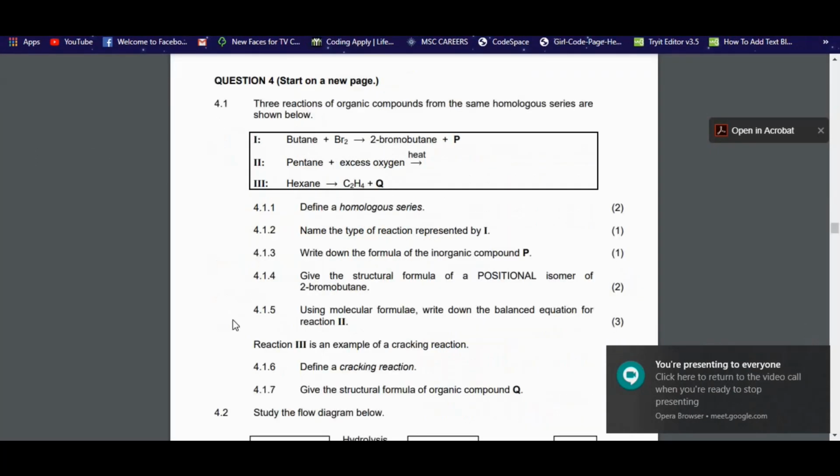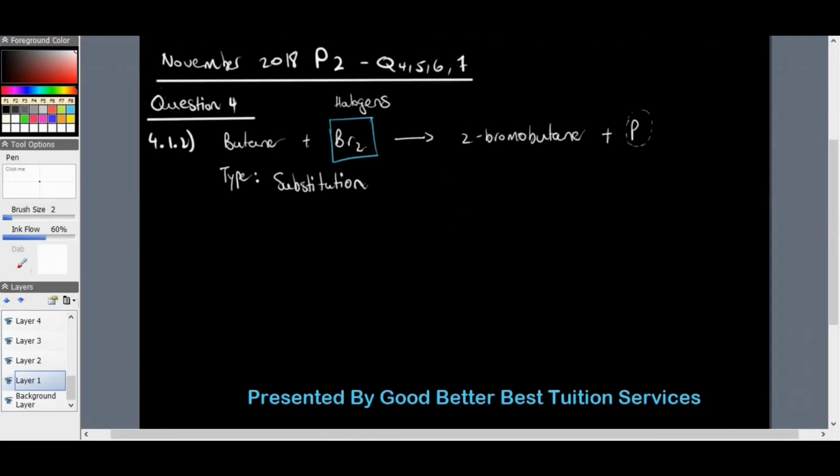Substitution is the correct answer for this type of reaction. Okay, well done. Thank you very much. It makes perfect sense, because we have clearly substituted bromine in, since we have 2-bromobutane. If we draw the structural formula of butane, we'll see that on the second carbon is the presence of 1 bromine atom.